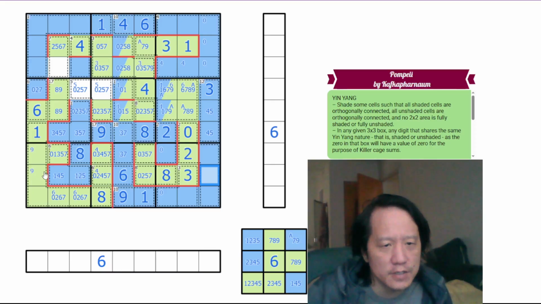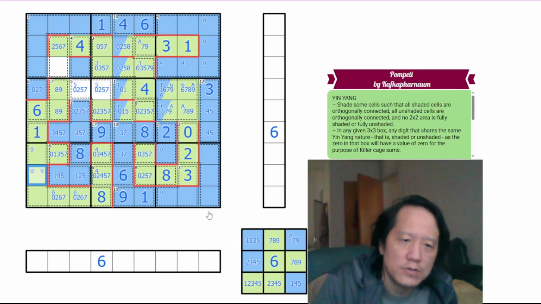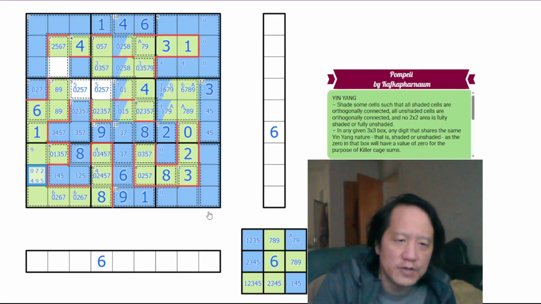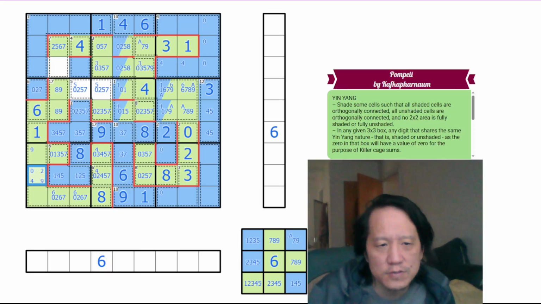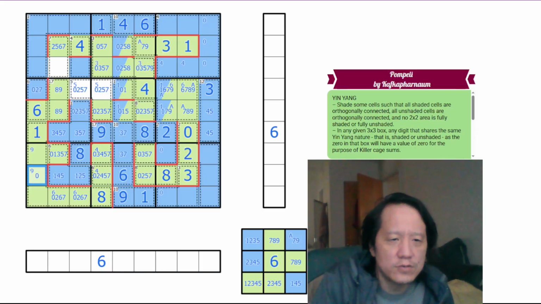Remaining digit here. Okay, so these 2. This could be 0, 2, no 1, 3, 4, 5, no 6, 7. 0, 1, 2.